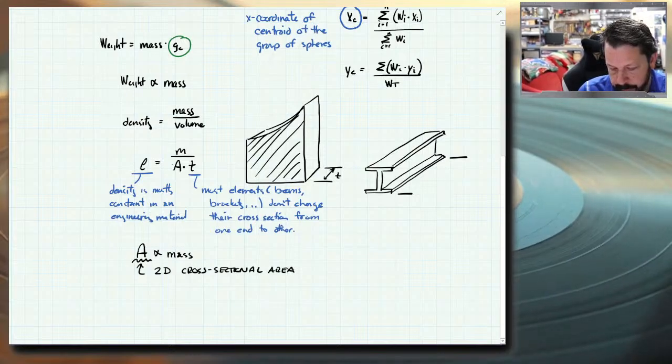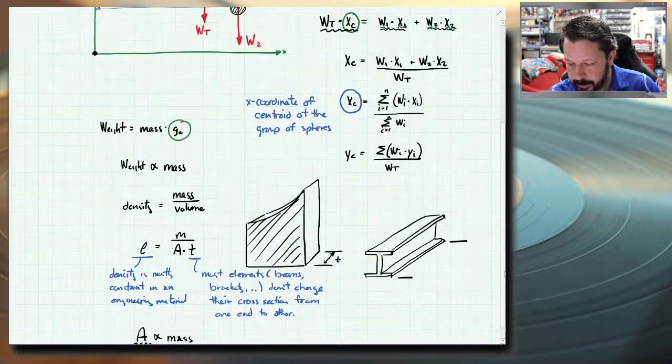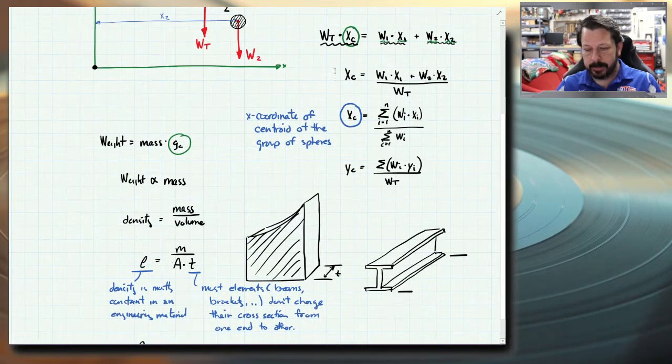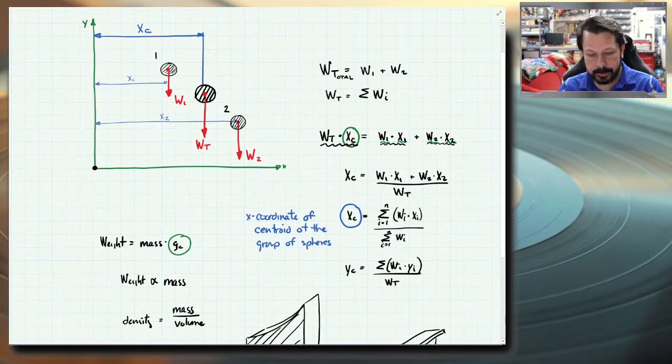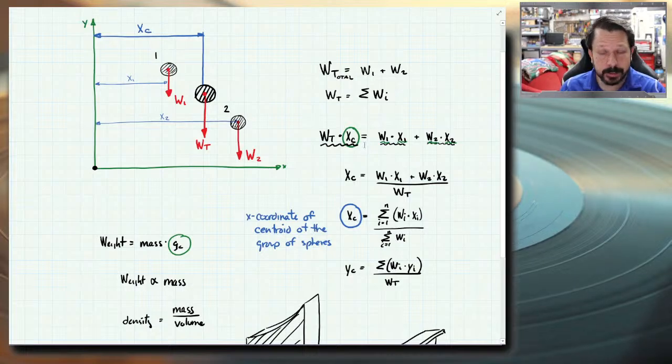And so I've gone from originally, when I talked about this idea of the equivalent centroid of a central mass that represents all these individual pieces, and it had a weight, which was a force times a distance, so it created this moment.